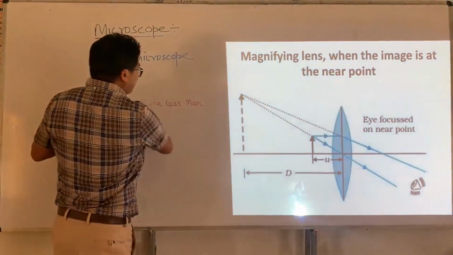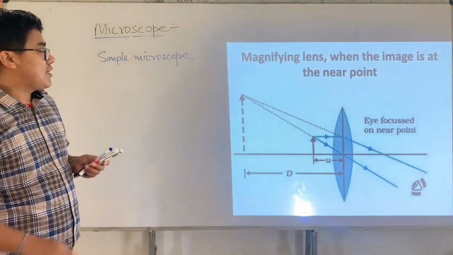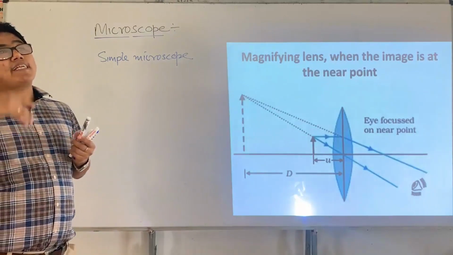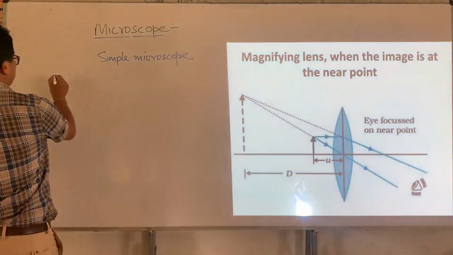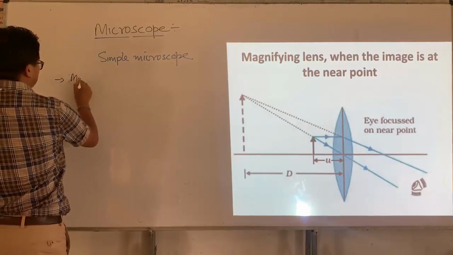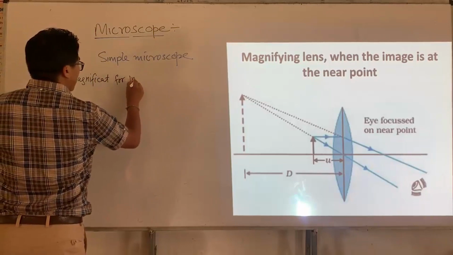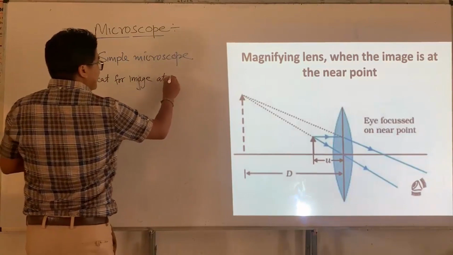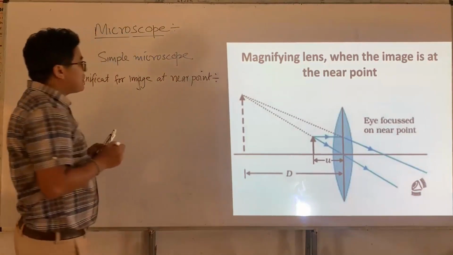Now look here. What I told you is I can have a magnification keeping the image at the near point, and I can have a magnification keeping the image at the far point. I'm going to discuss both. First, I would like to start with magnification for the image at the near point.